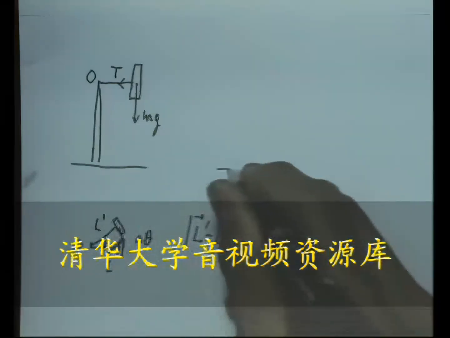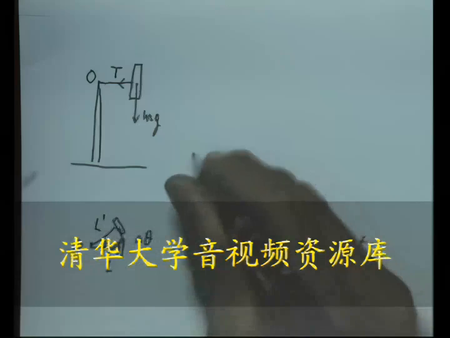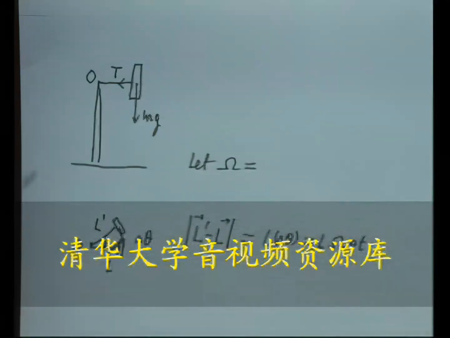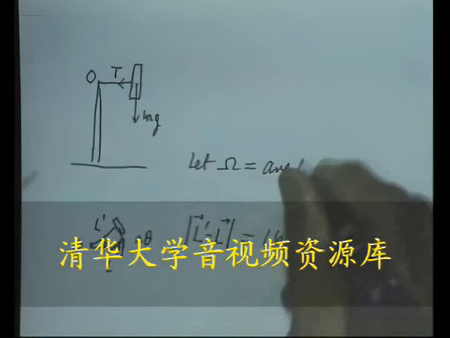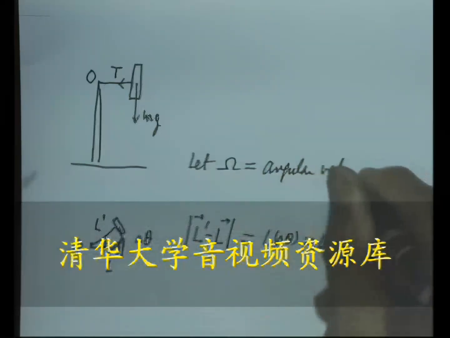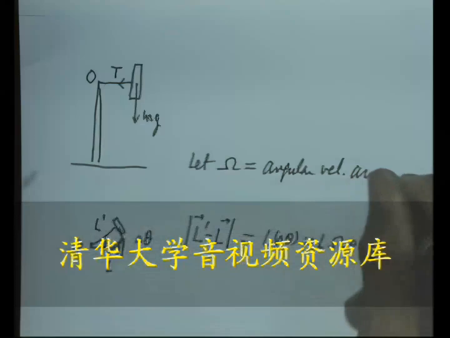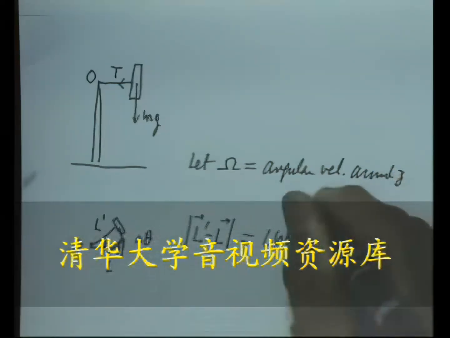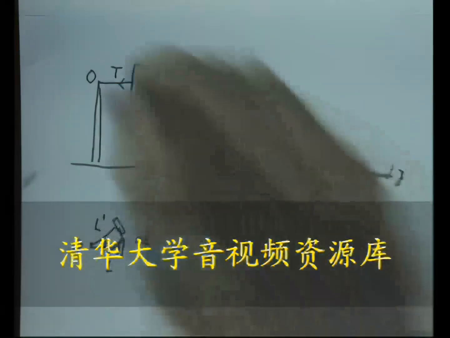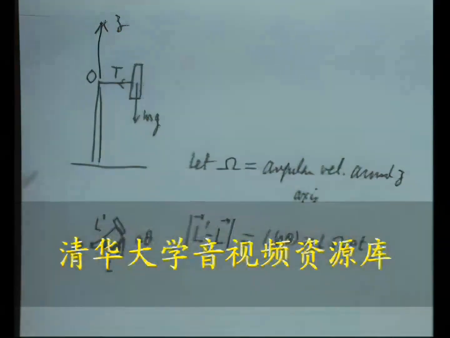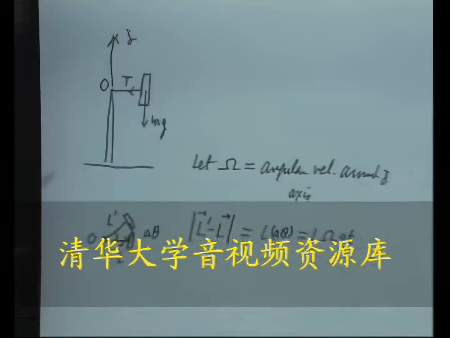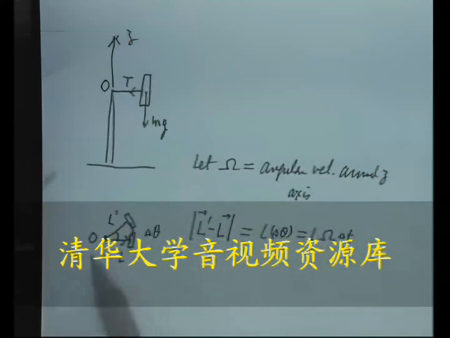Let omega be the angular velocity around z-axis. We take this to be the z-axis. So in this diagram, the z-axis is upwards.